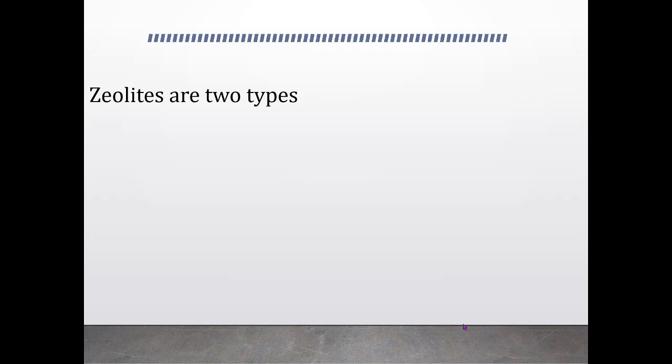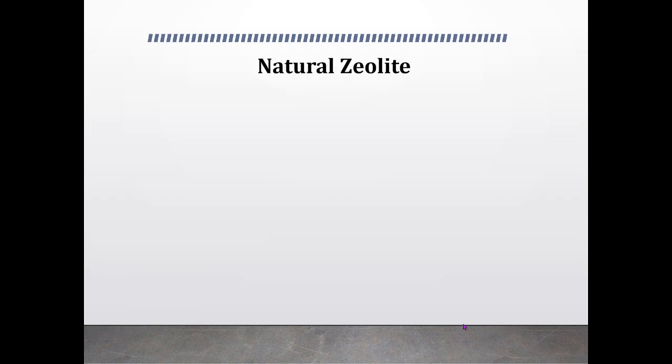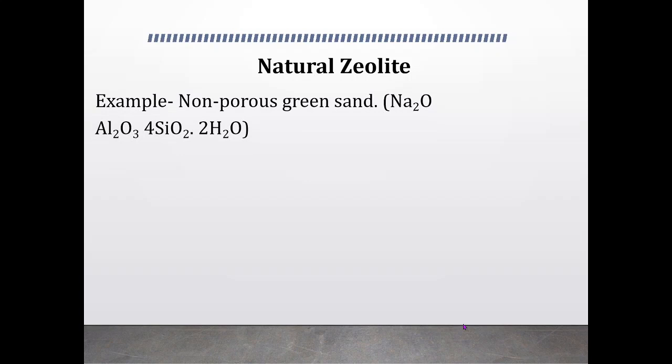This zeolite is of two different types. First one is the natural zeolite and the second one is the synthetic zeolite. The best example of natural zeolite is the non-porous green sand. Its formula is Na2O.Al2O3.4SiO2.2H2O.